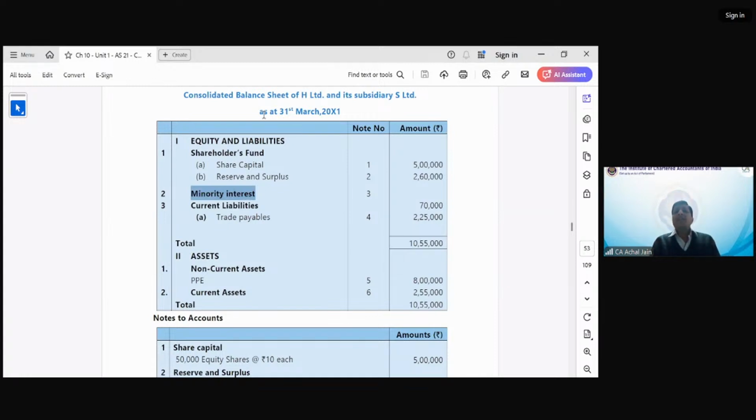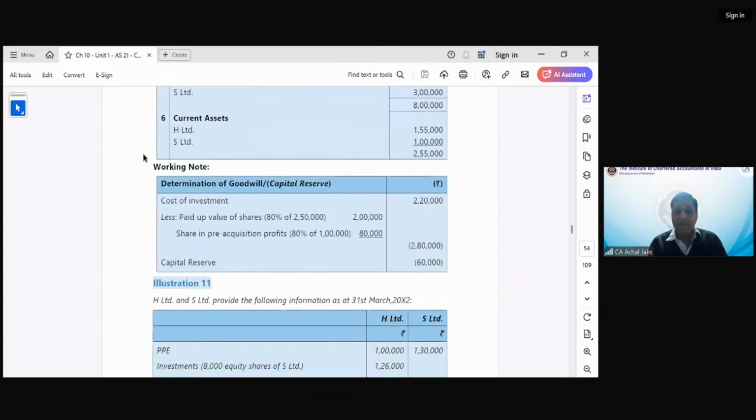Okay, so Bhavna is asking, sir, the P&L amount of H Limited and 80% of S Limited, both will be added? Yes. But the 80% of S Limited that you will add, that you have already considered here. Please don't forget. You have already considered that. You have already taken that.